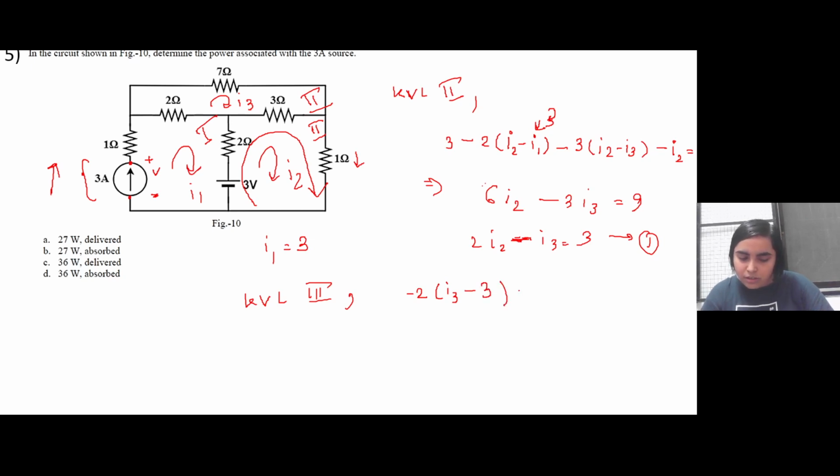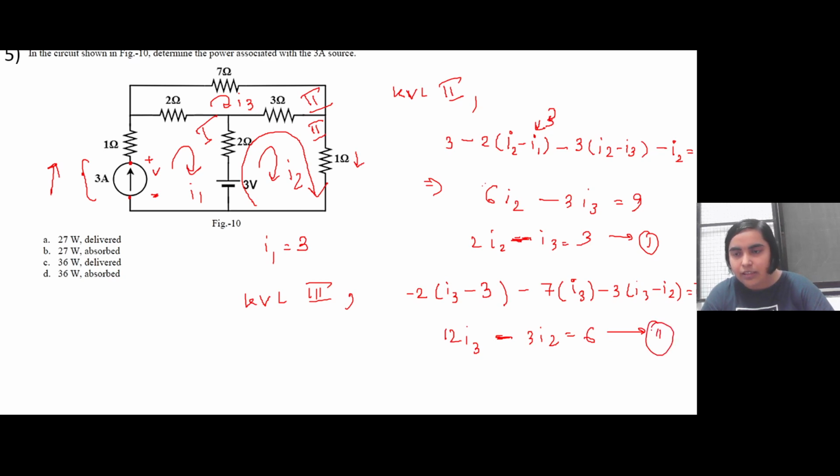Then minus 7 into I3, since only I3 current is flowing in that loop, minus 3 into I3 minus I2. Let us simplify this, and the equation comes out to be 12 I3 minus 3 I2 equal to 6.